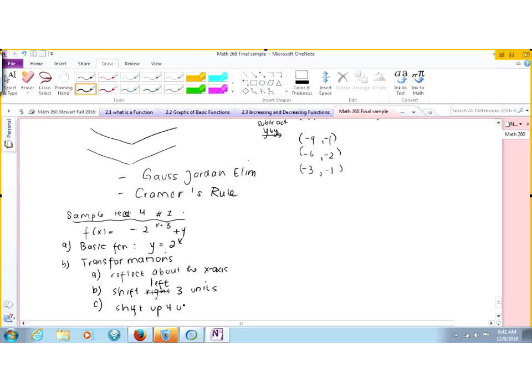Yes. Shift up 4 units. All right. Good. Now, pick 3 points from the original function, y equals 2 to the x. Remember the asymptote. So whenever we have an asymptote, you have to remember. So what are the 3 points?